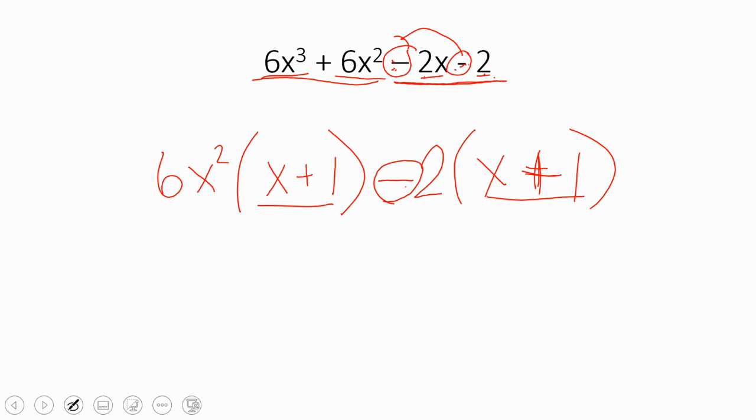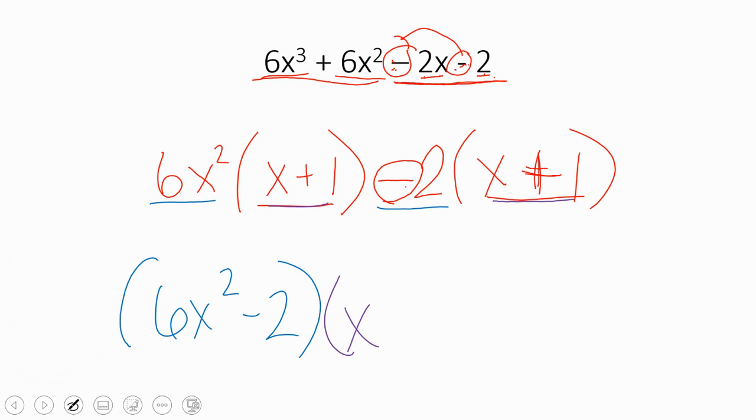That would be your clue that you need to take the negative out if these don't match up. So now I have 6x squared minus 2 for my first factor, and x plus 1 for my second factor.